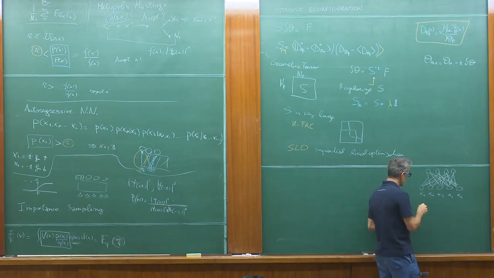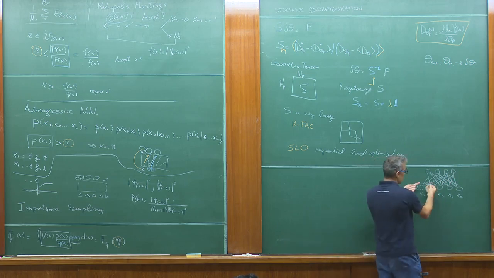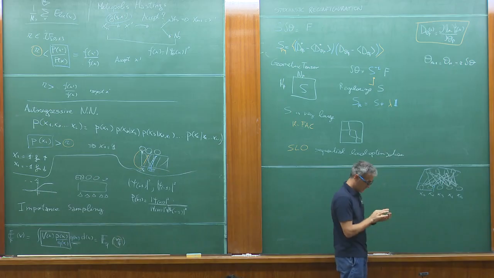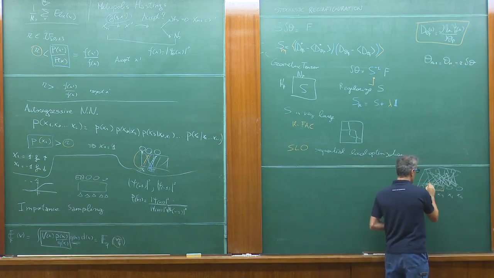So why don't we look at a block? We look at a block, and then we see all the parameters that are connected to the block, and we optimize only the parameters connected to this block.